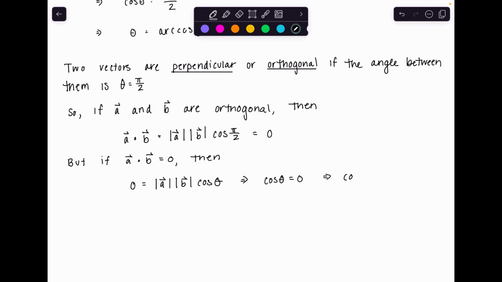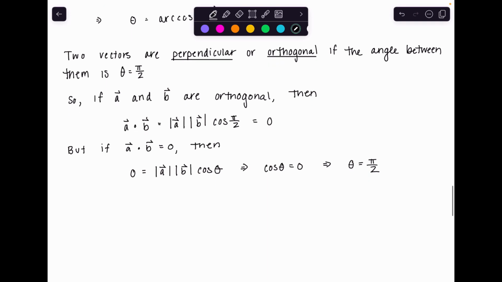So immediately you land at theta has to equal pi over 2. So this is a special criteria if you remember ever learning about those if and only if statements. The dot product equaling 0 is enough justification to know the vectors are orthogonal. And if the vectors are orthogonal, you immediately know the dot product is 0. So you can kind of read this sentence either way.